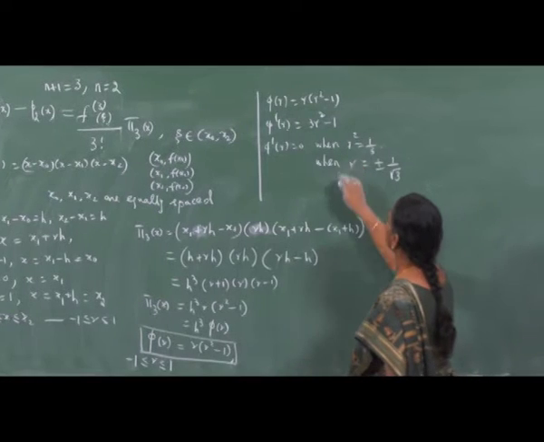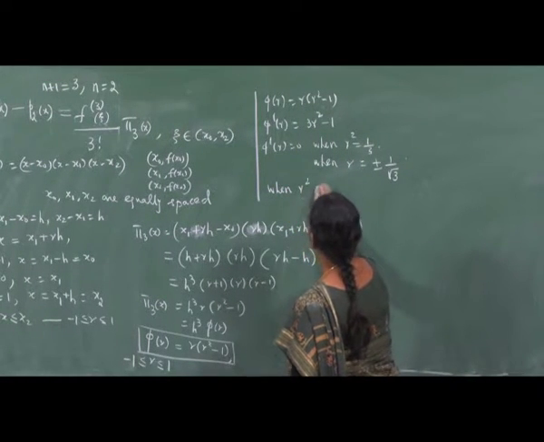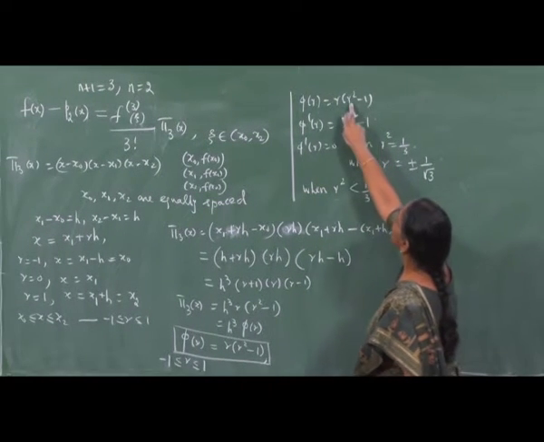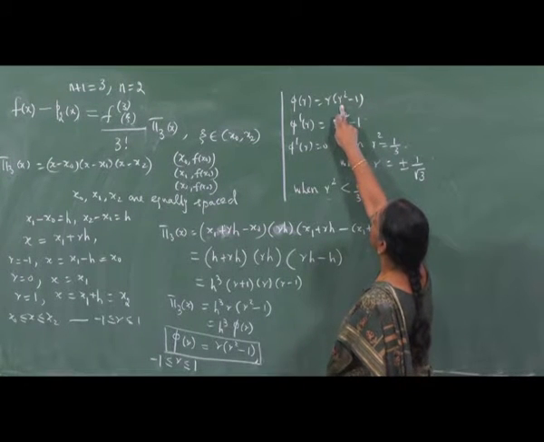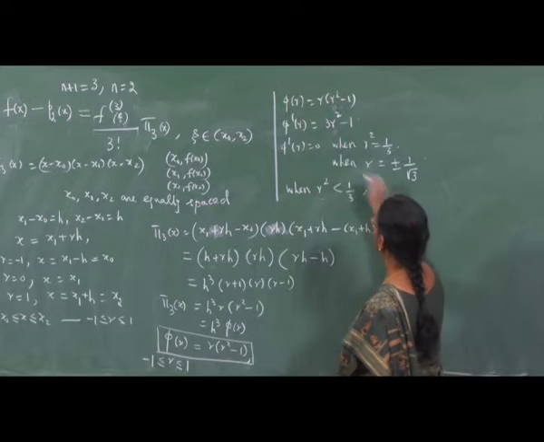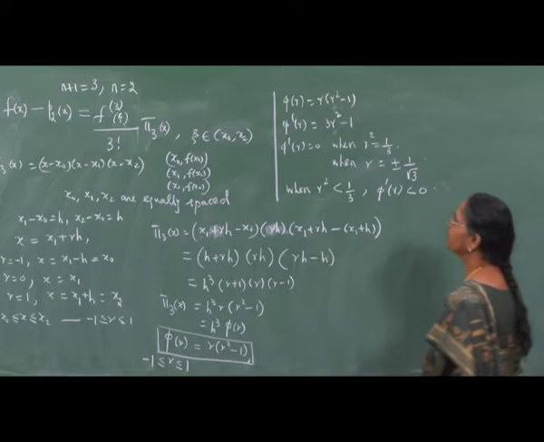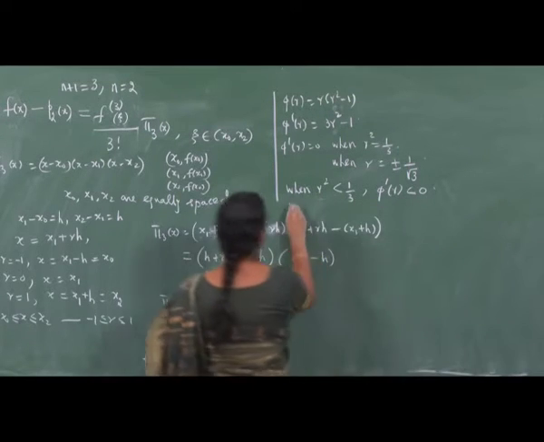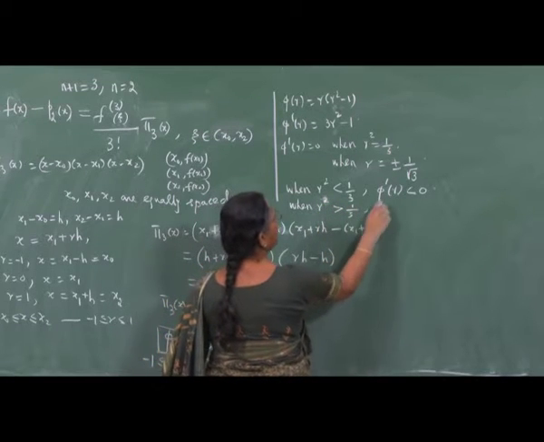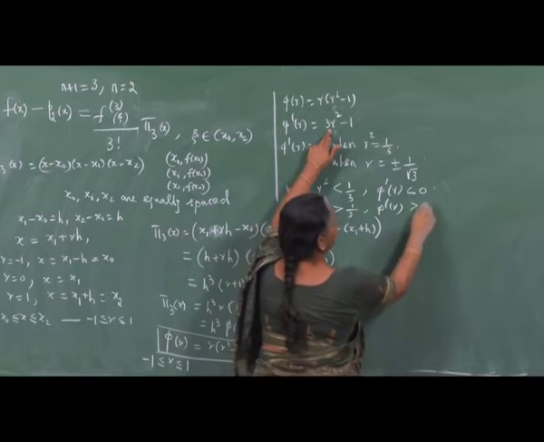So, now let us see what happens when r square is less than 1 by 3. When r square is less than 1 by 3, we have phi dashed of r to be negative. On the other hand, when r square is greater than 1 by 3, phi dashed of r is going to be greater than 0.